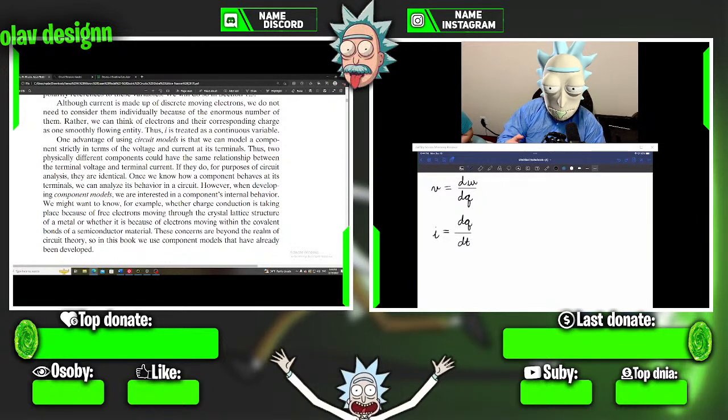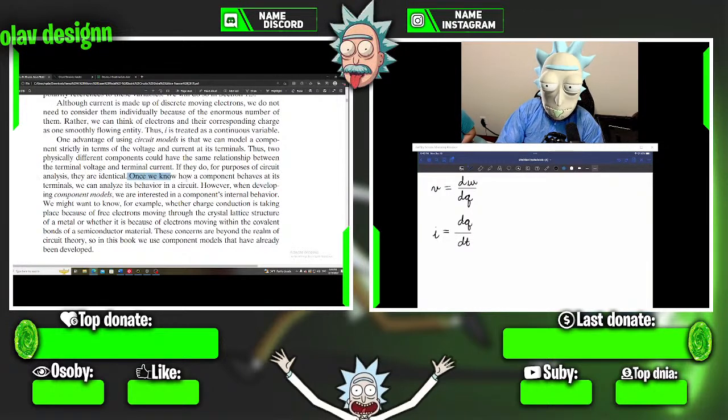Meaning, they may do completely different things, but if they do the same thing electrically, they're pretty much identical. One component may have a completely different shape, but as long as it does the same thing electrically, they're the same.